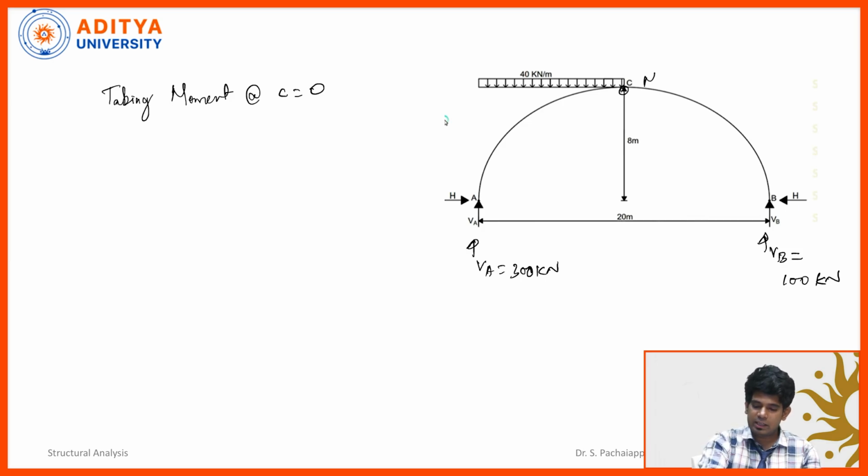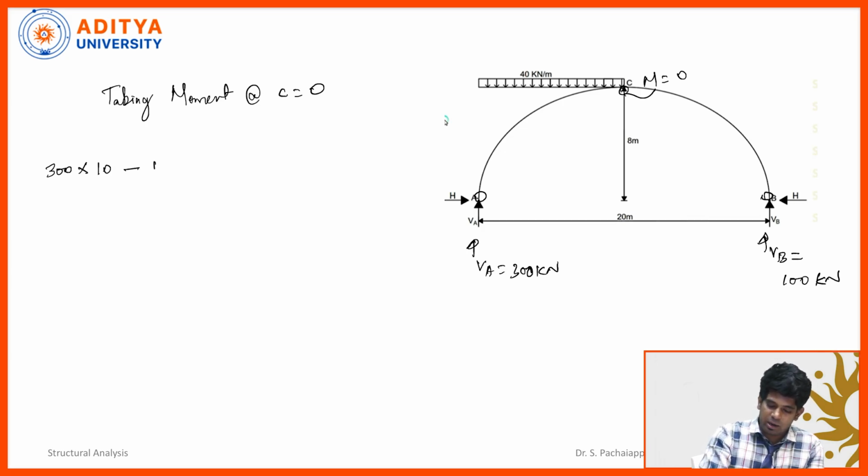Here the moment is 0. The reason is that in 3-hinged arches, the hinges are located at support A, support B and then at C. So in these three locations, the moment value is 0. So I am going to take VA multiplied by the horizontal distance, which is 300 multiplied by 10, and then minus capital H multiplied by the perpendicular distance, which is 8.